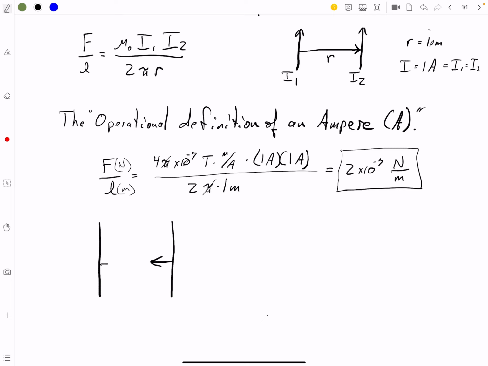There's F21 and there's F12. And that force per length must be 2 times 10 to the minus 7 newtons per meter.